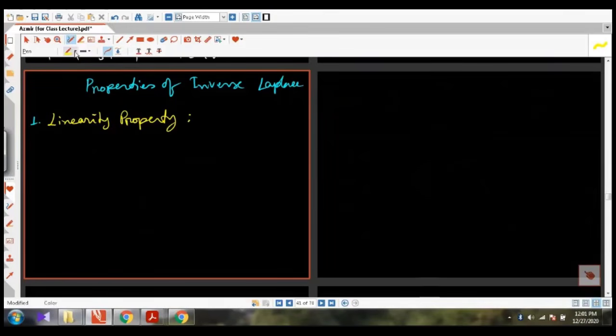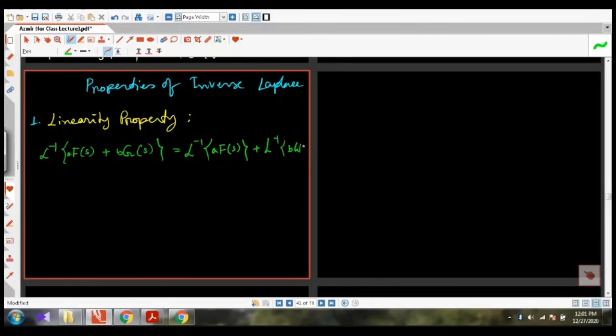In linearity property, suppose we have inverse Laplace transformation of a f of s plus b g of s, with constants a and b. Then we can do inverse Laplace transformation of a f of s plus inverse Laplace transformation of b g of s.